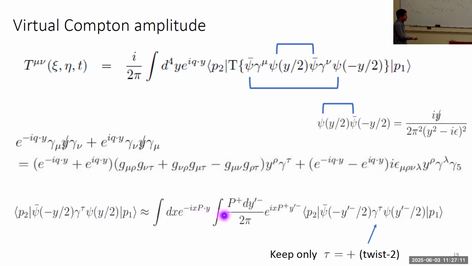This is just a trivial identity that you can write this matrix element in this way, and this is nothing but the GPD. By definition, this is GPD, which is a sum over this tau. But I only pick up the twist 2 component, which means that tau is plus, and discard the other components. That will be a higher twist effect.